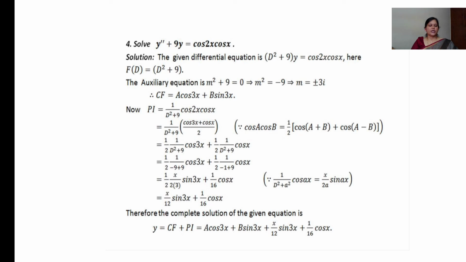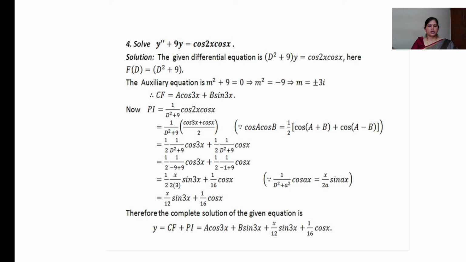So whenever f(−a²) is equal to 0, we have the formula 1/(D² + a²) cos ax = x/(2a) sin ax. Using that formula we get 1/2 into x/(2·3) sin 3x, so we get x/12 sin 3x for the first term.